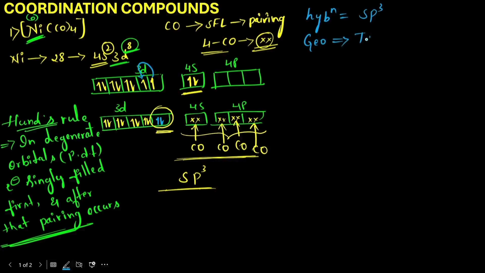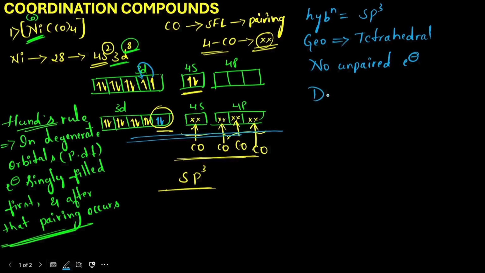It is tetrahedral. Are there any unpaired electrons here? No unpaired electrons, therefore it is diamagnetic in nature, and this compound is colorless.